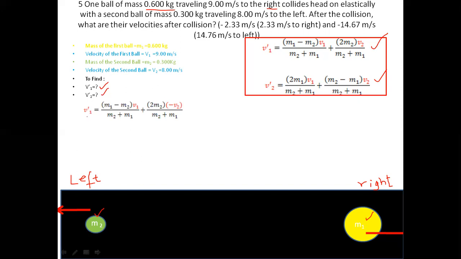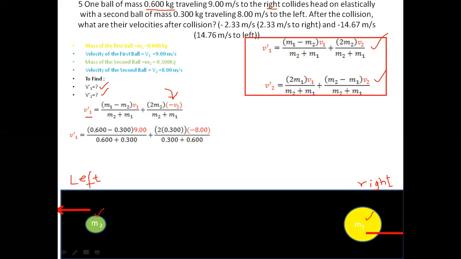That means for the first body the direction is positive, but it is moving against the second body, because the second body was moving against the first body. That is why we are putting the negative sign over here, so that we can show that the second body was moving against the velocity of the first body. The direction was opposite.